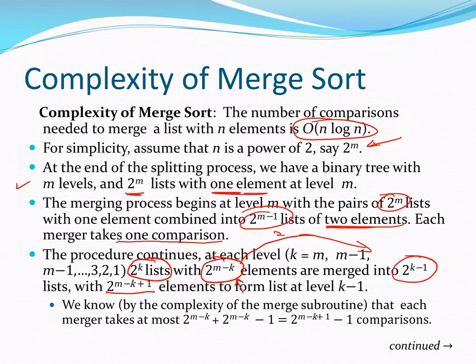And that means I'm going to have to do 2 to the m minus k plus 2 to the m minus k minus 1 comparisons for each one of these lists that I'm merging into. I can multiply that by 2 to get 2 to the m minus k plus 1 and have that minus 1 there. And I've got to do that 2 to the k minus 1 times. And then I've got all my values of k, which will go from 1 to m.